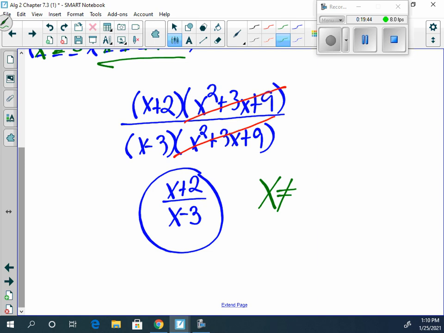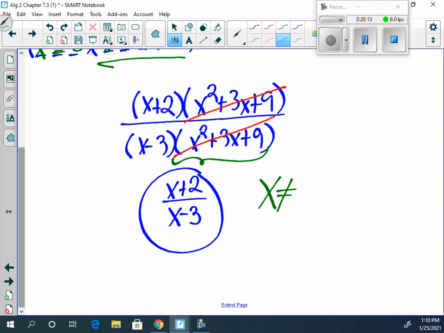Now, me and the textbook disagree over this. Mainly, it's just semantics. There's not a real big disagreement with this here. I think we should list every restriction. The book is just going to have you list the ones that were eliminated or simplified out. Well, what was the only thing that was simplified out? The x squared plus 3x plus 9. It's the quadratic of a sum or difference of perfect cubes, yes? So will it factor?